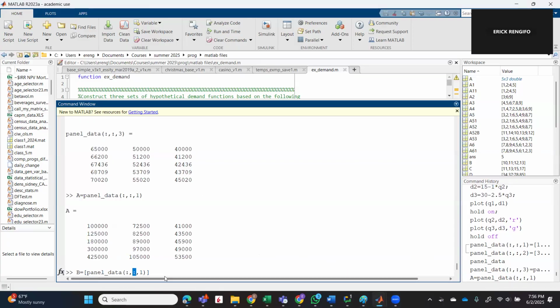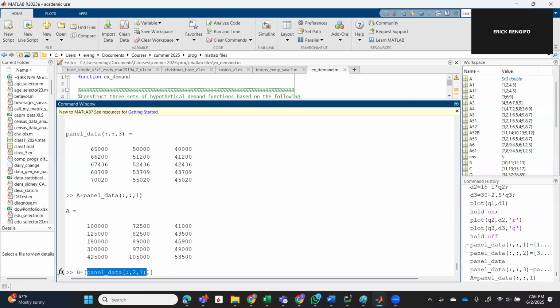So individual 2, remember that the columns represent individuals. So what I'm telling MATLAB is, okay, B is going to be a panel data of, what is this one here? All the years, individual number 2, and income. Okay? And then we can put this together next to it.